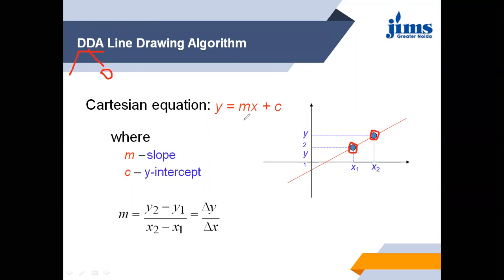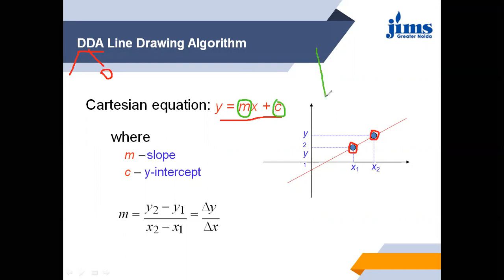We know the equation of the line. Here in the line, this is the general equation of the line, y equals mx plus c. Here m represents the slope and c represents the intercept.